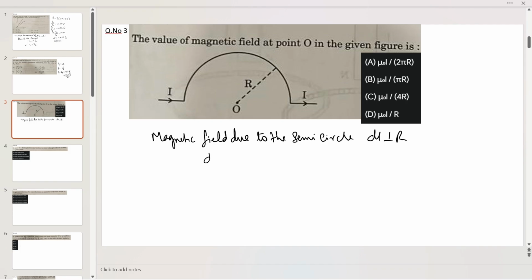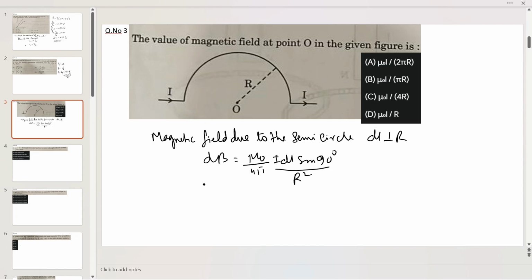So your dB will be equal to mu naught by 4 pi, that is I dl sine 90 degree by r square. So here you see that sine 90 is 1.